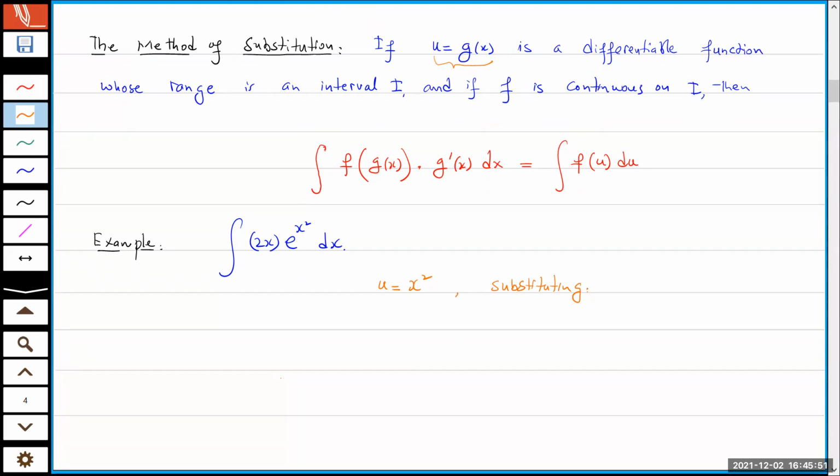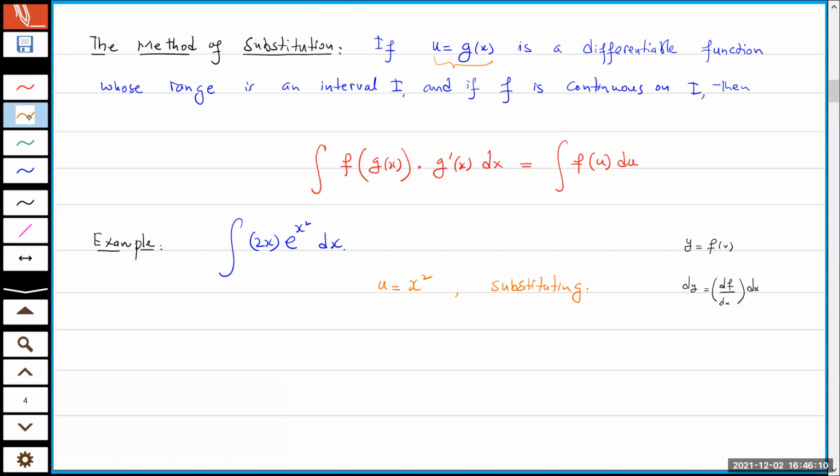Let's see, how can we do this? If you remember from differentials, we wrote if y equals f of x, then dy equals the derivative of f with respect to x times dx.